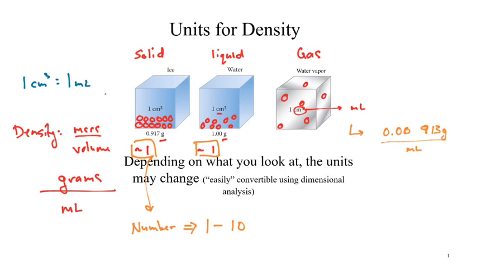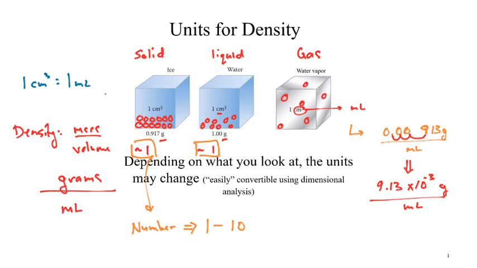Because the units we picked were effectively arbitrary and designed to give us a numerical value that our brain could wrap around, we can now change the unit system into something that would allow us to understand it better. If we converted this into scientific notation, 9.13 times 10 to the minus 3, because we shifted 3 places, and it's a number smaller than 1, grams per milliliter.